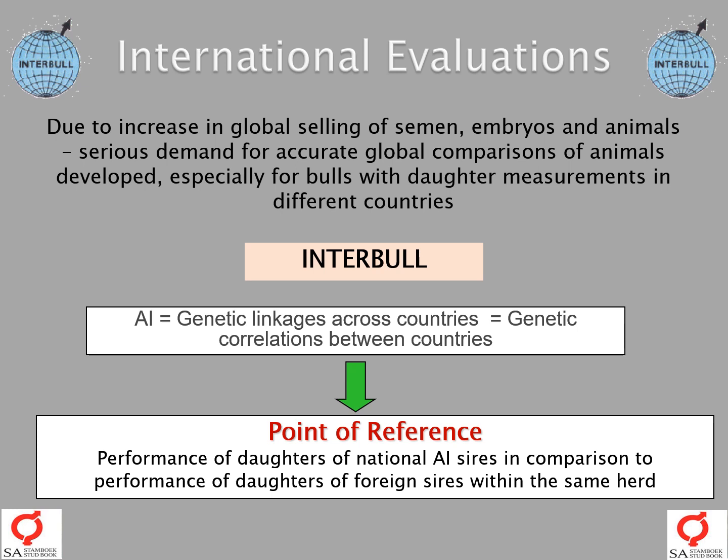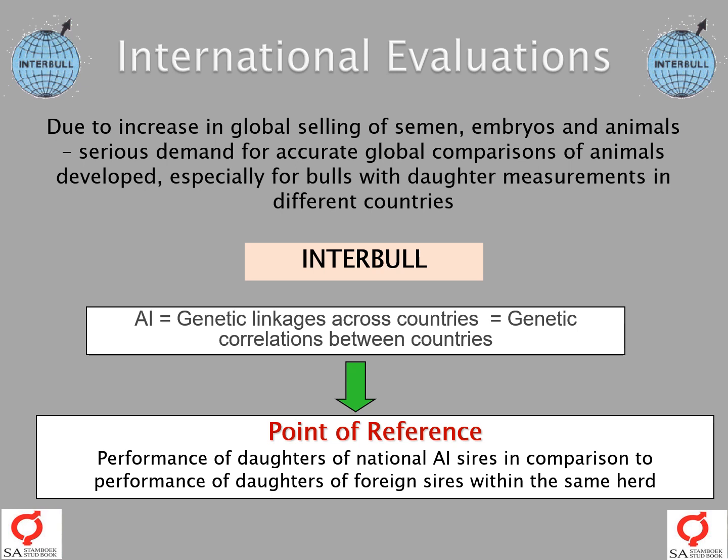Now, luckily, AI resulted in genetic linkages forming across countries, which enables Interbull to estimate genetic correlations between the different countries. The point of reference that is being used for international comparison is the performance of daughters of national AI sires, therefore local AI sires, in comparison to the performance of daughters of foreign sires within the same herd.